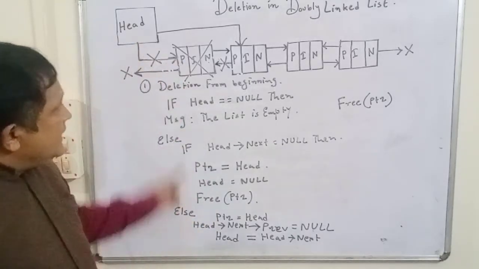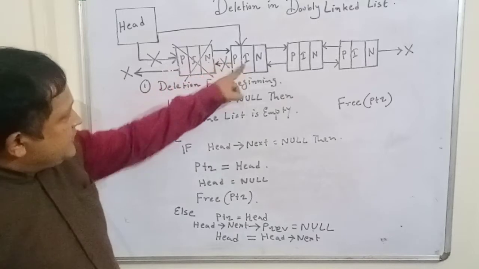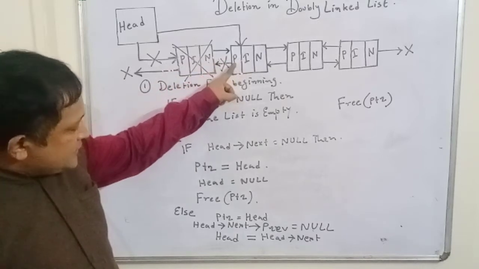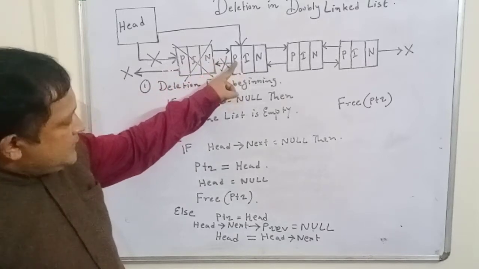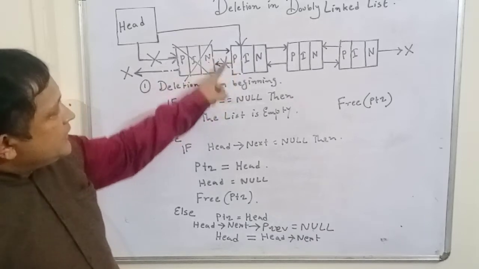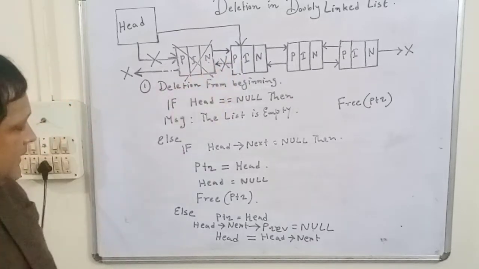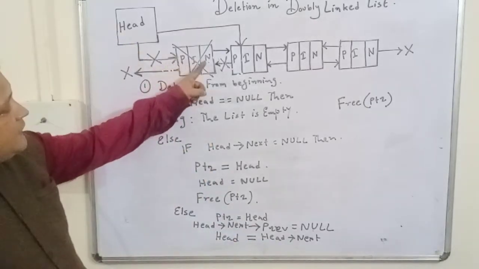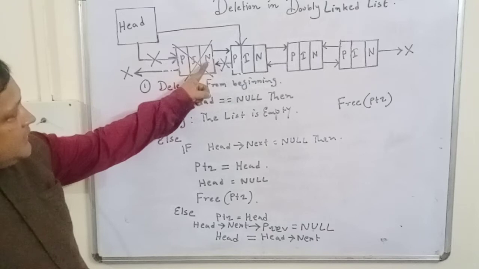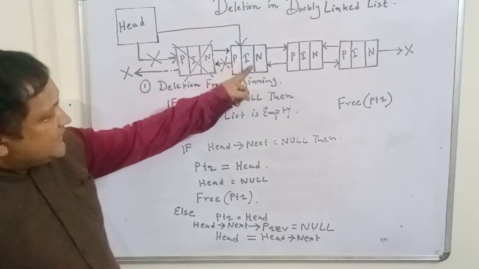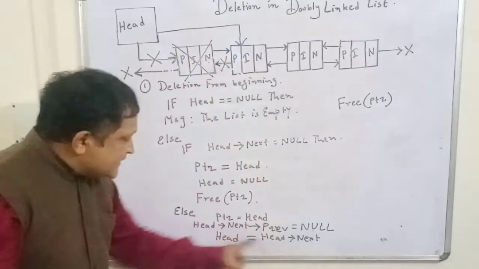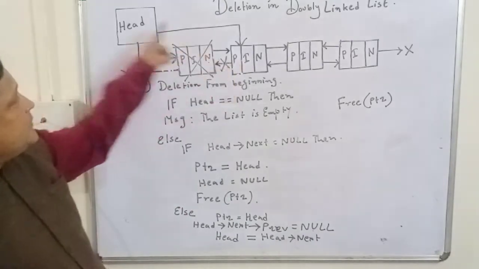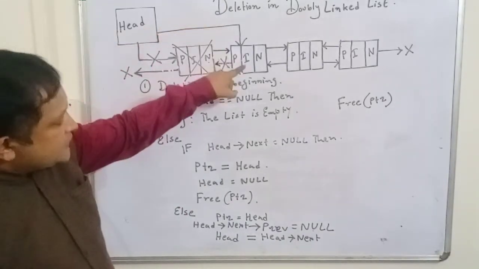After that, head next PTR previous, this particular pointer, is assigned null. This means we are removing this connectivity. And after that, head next, the next of head, is carrying the address of the second one. It is assigned to head, meaning henceforth that address will be held by head, so head is directly connected to the second node.